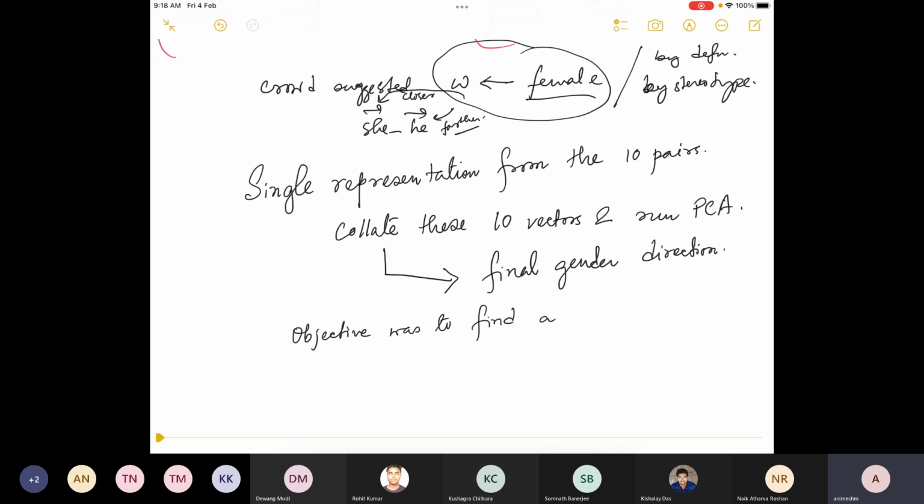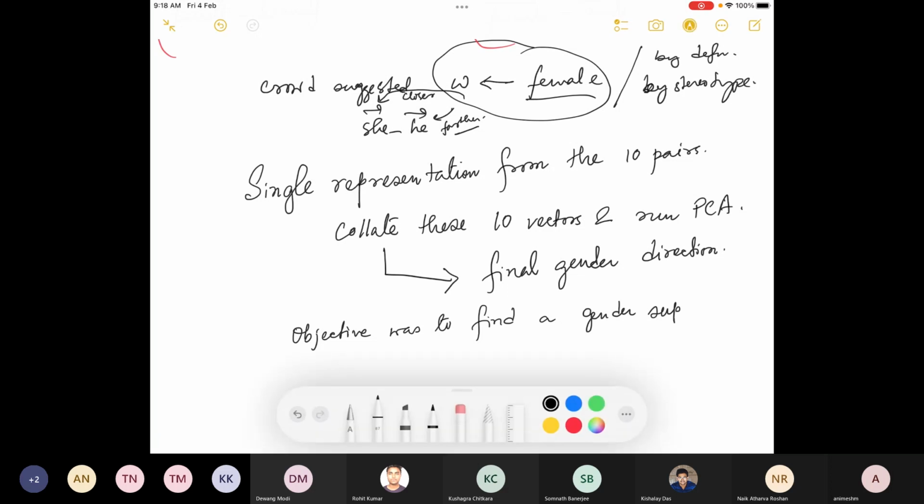So the objective was to find a gender subspace, or simply a gender direction.